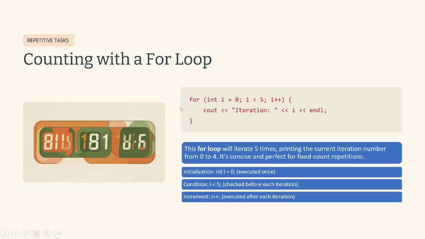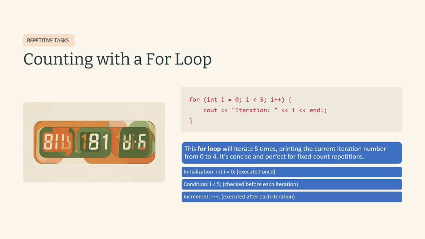You can imagine this with a real life example. Imagine climbing stairs. You start from stair 0, then 1, then 2, then 3, then 4, and when you reach the 5th, you have to stop.